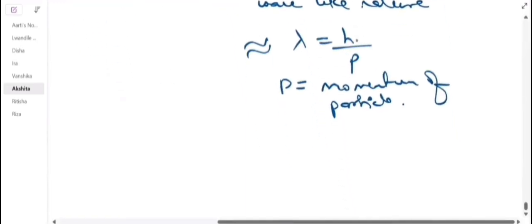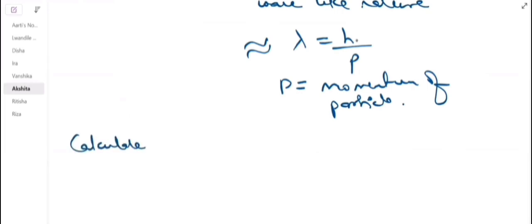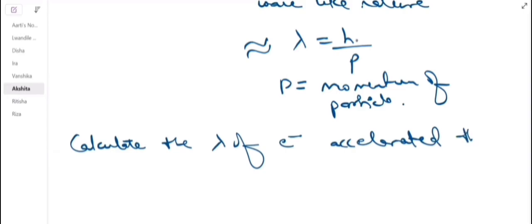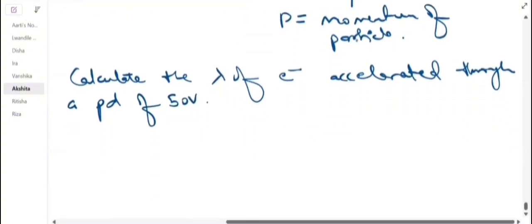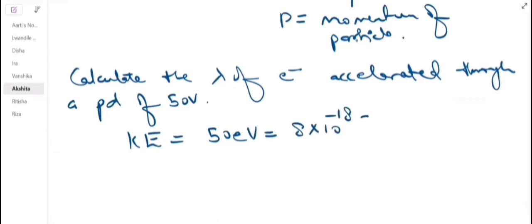Using this equation, we can also calculate the wavelength of an electron that is accelerating through a potential of 50 volt. So what is the kinetic energy obtained by the electrons? 50 electron volt, which is nothing but 8 into 10 raised to minus 18 joules.